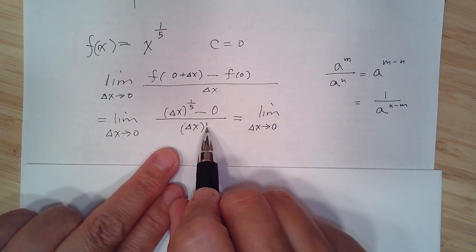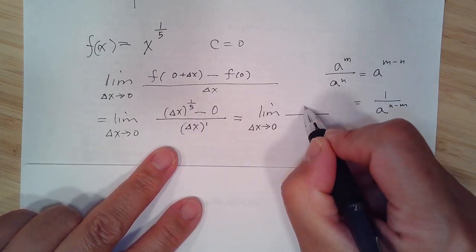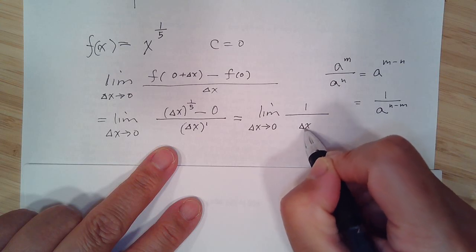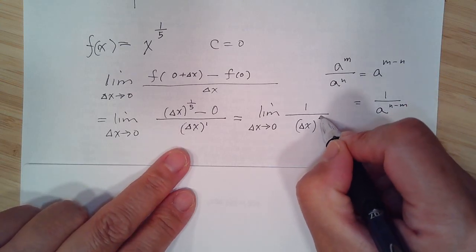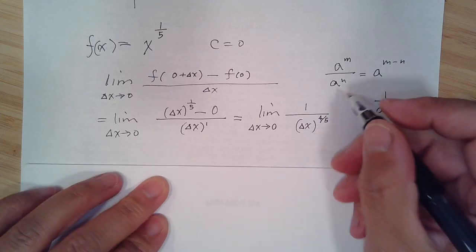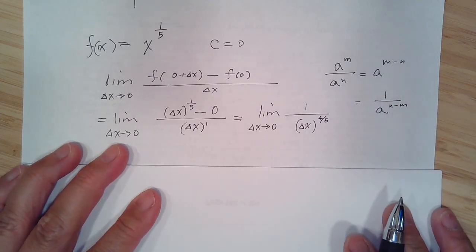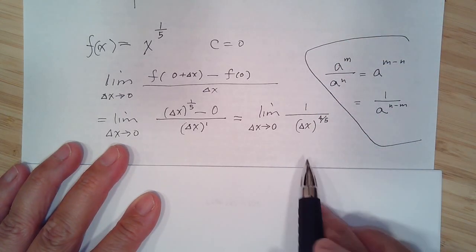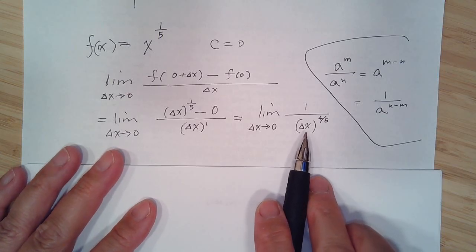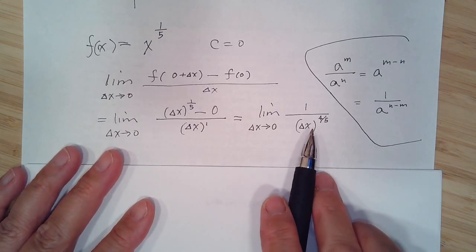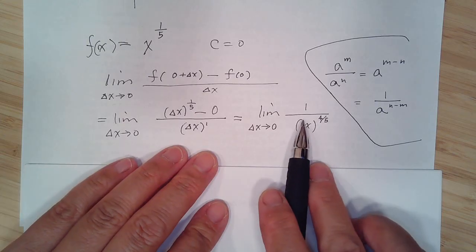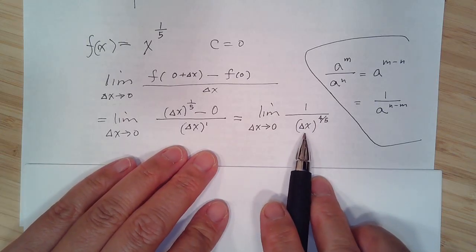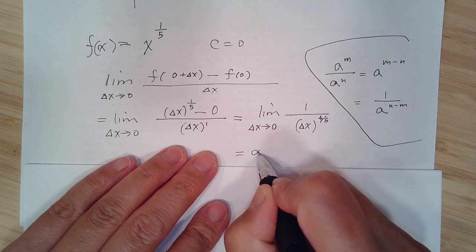But in this case, this 1 is greater, so I bring that down. So I get delta x, and the power should be 1 minus 1/5, so I get 4/5. Alright, now, I got a problem here. When delta x approaches 0, 0 to the power of 4/5 is also getting close to 0, so this becomes infinity.